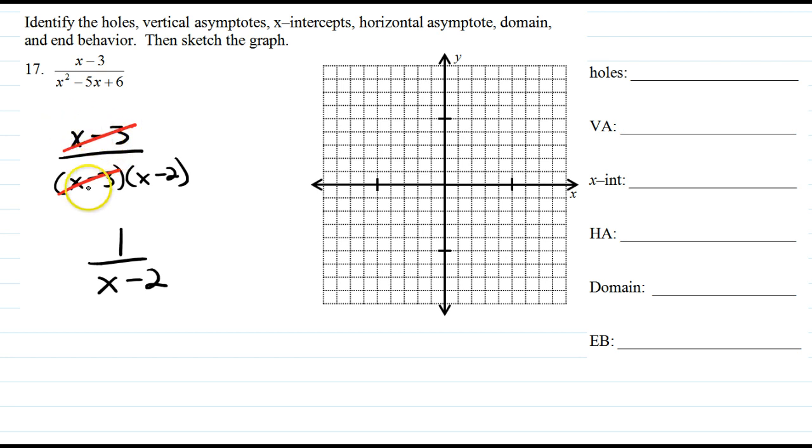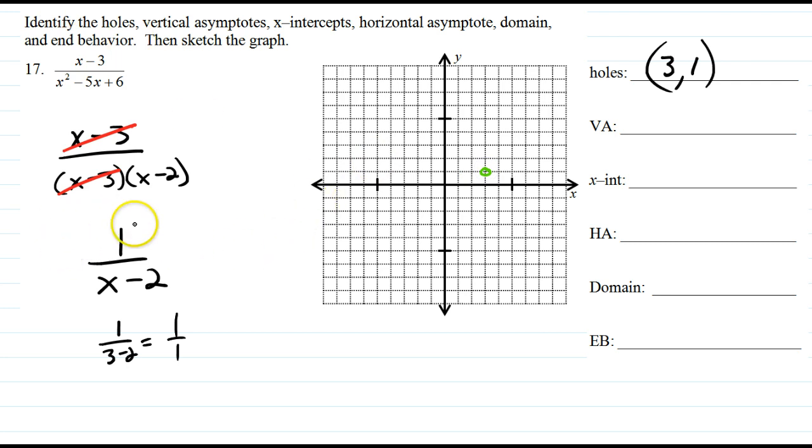And so the x value for that is going to be 3. And so now to figure out where the actual hole is, you take the 3 and you plug it in. And so that would be 3 minus 2, which is just 1 over 1. So at (3, 1) there will be a hole.